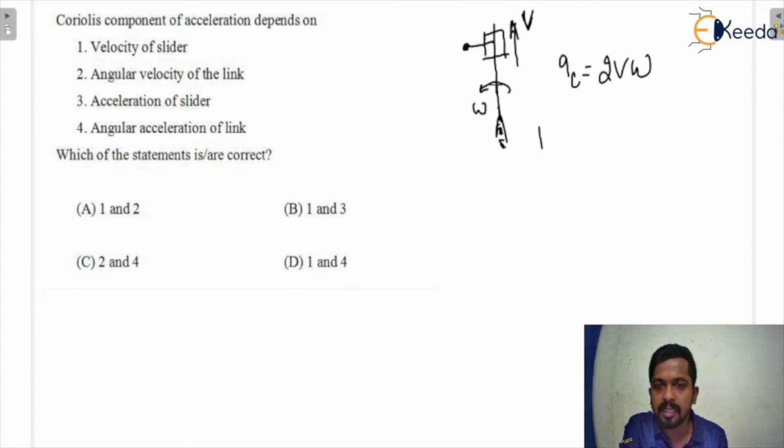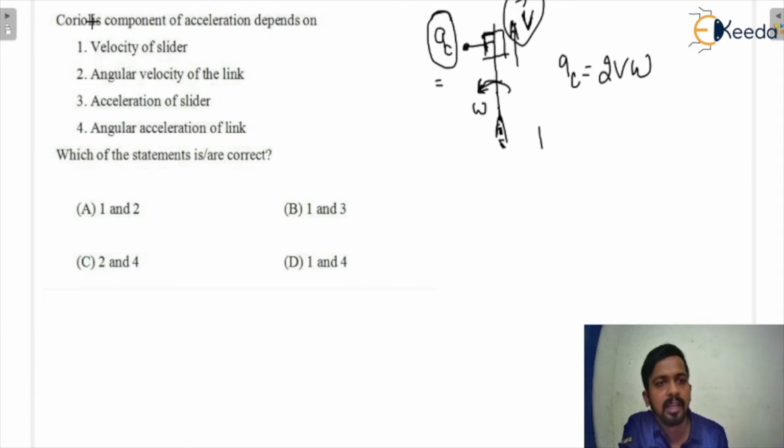That means if omega is in the anti-clockwise direction, you rotate the v vector by 90 degrees in the same sense as omega. That gives the direction of the Coriolis acceleration component. These are the general points of the Coriolis acceleration.